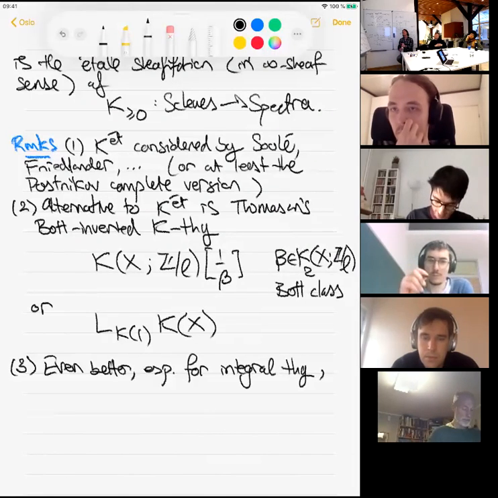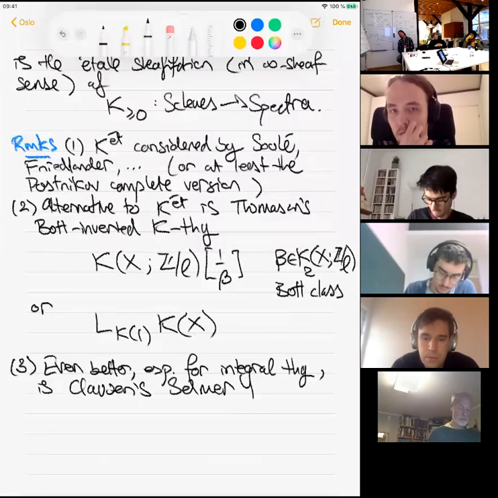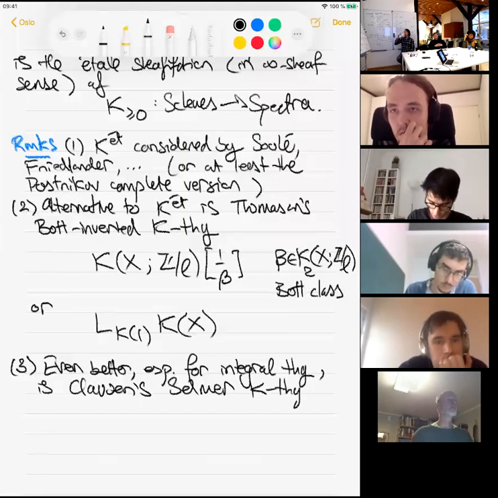And to do that, the best approach to étale K-theory is Clausen's Selmer K-theory, which precisely implements this sort of gluing.